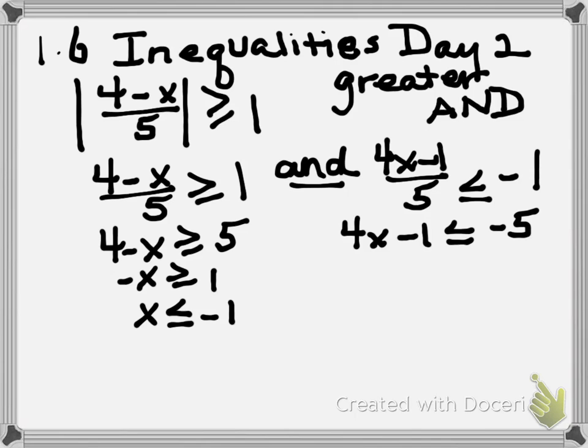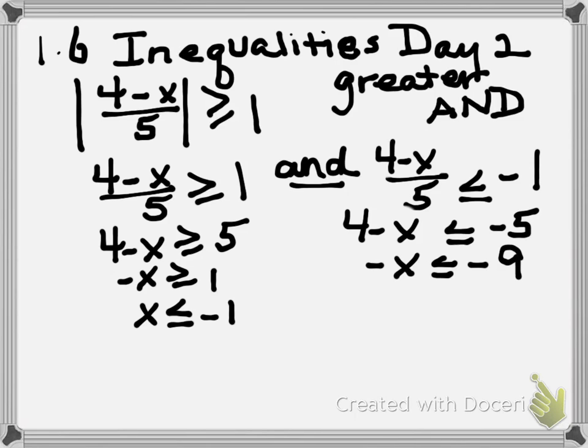I think it's 4 minus x. This is 4 minus x. Subtracting 4, and multiply and divide by a negative reverses the inequality.